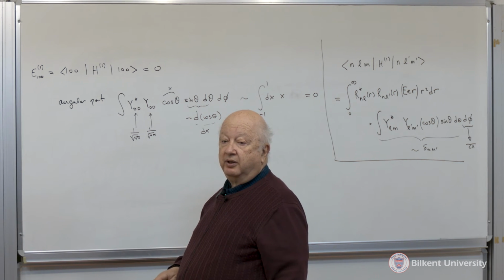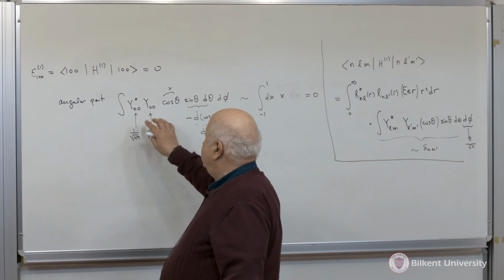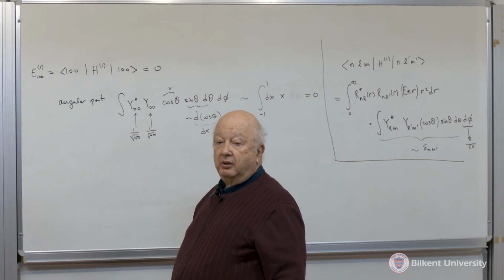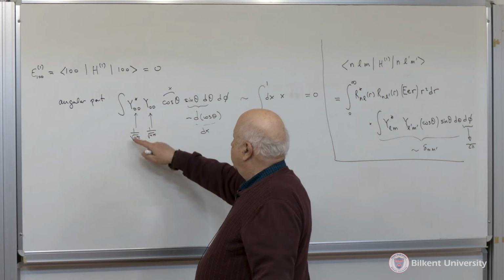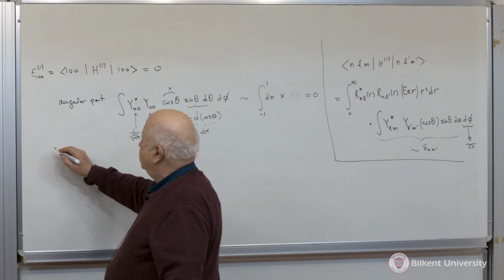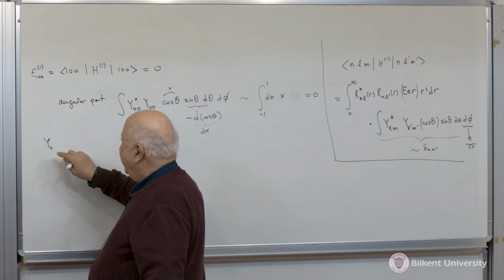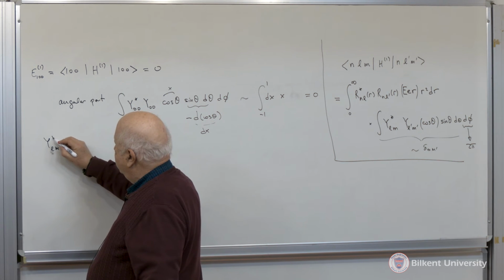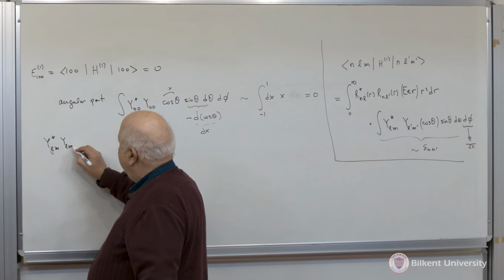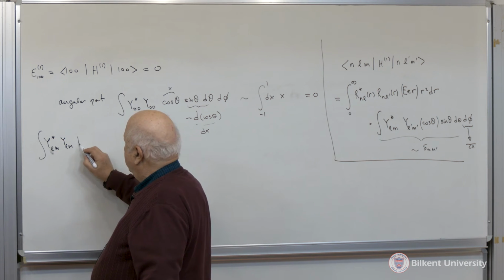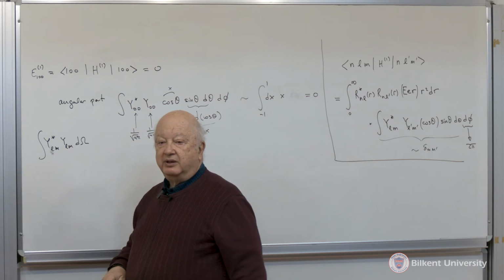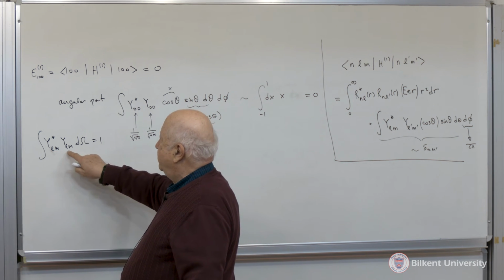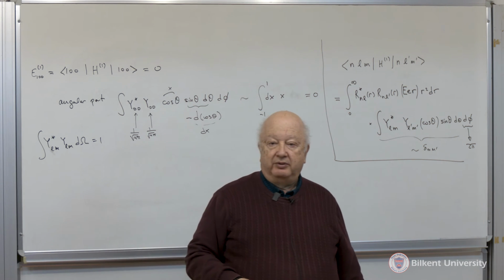It's just a constant, which means that it has to be normalized to 1. So normalization to 1 forces you, in fact for any YLM, Y LM star Y LM integrated over all angles, meaning sine theta d theta and d phi, has to be equal to 1. So for the Y0,0 case, this is 4 pi.